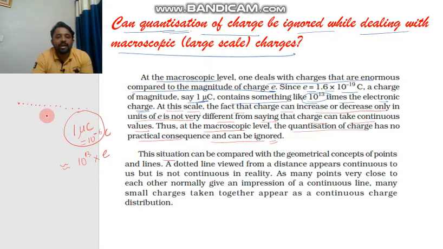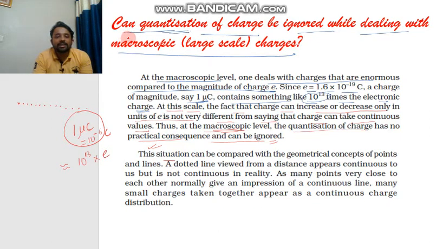The same thing happens in the case of macroscopic objects or at the macroscopic level. If the charge is increased by multiples of e, or decreased by multiples of e, then it is no longer discrete, it is assumed to be continuous.